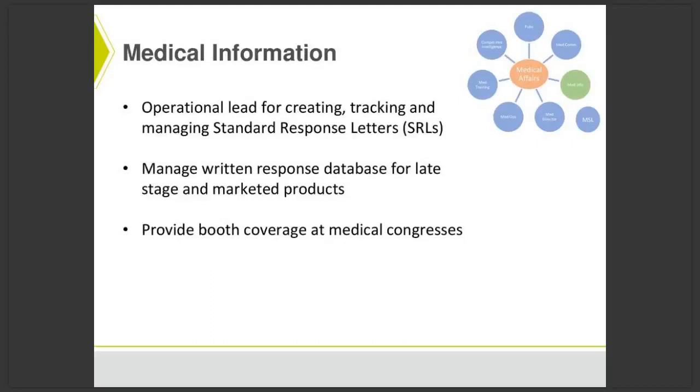So, for example, if an MSL is interacting with a KOL and they're asked a question they don't know the answer to off the top of their head, or it warrants a deeper dive into the medical literature, this is where they can punt that to the MedInfo team, and MedInfo is responsible for addressing these inquiries. They're based in the office, but they can also play a role at congresses where, similar to the MSLs, they can manage the medical booth and respond to inquiries in real time.